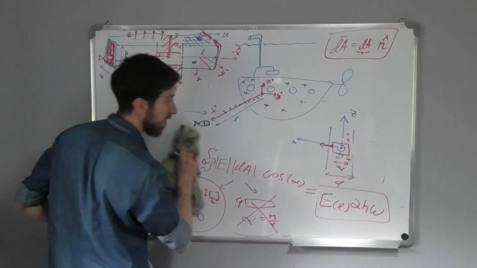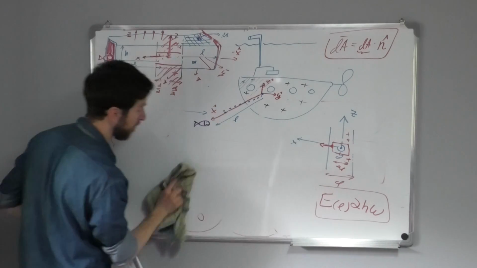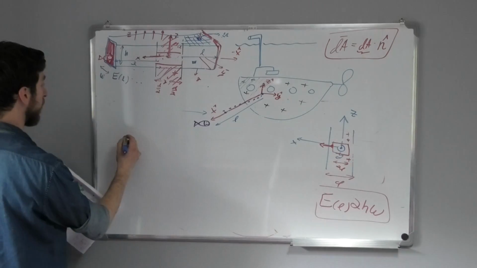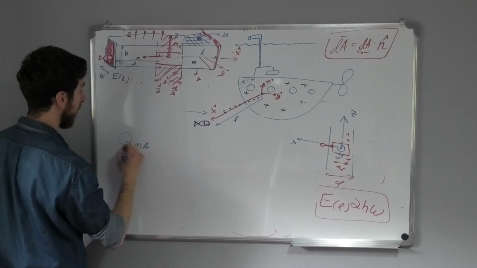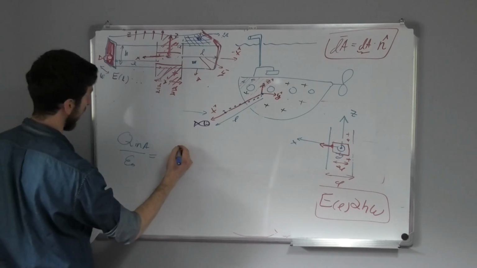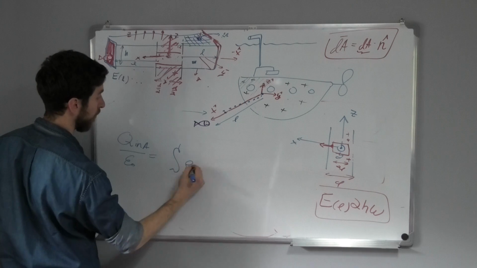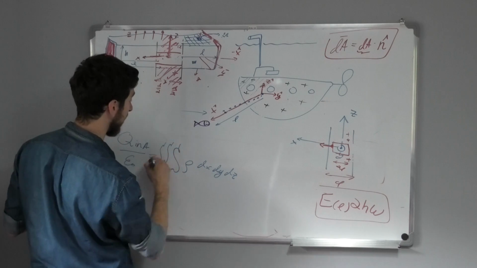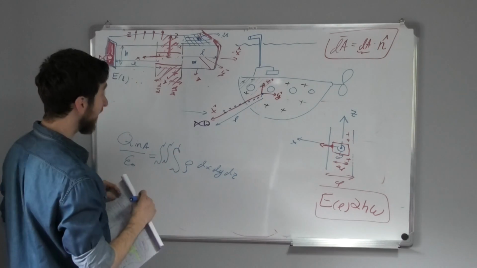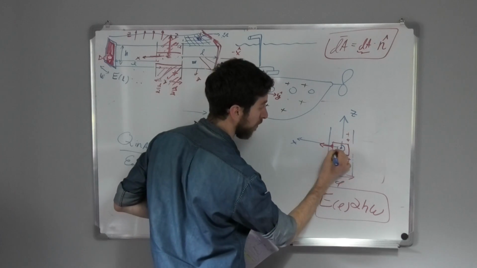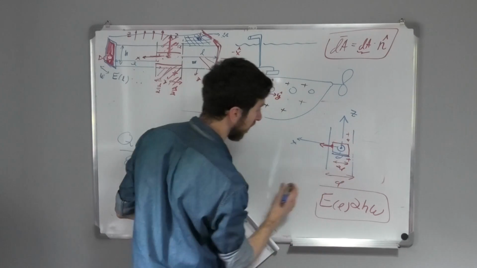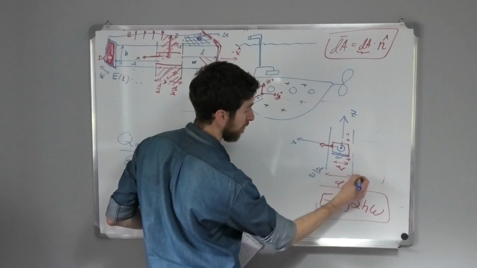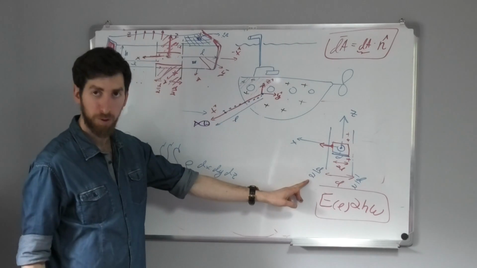Perfect. So now what we are left with is that we need to compare this magnitude to the total charge inside, and this is really going to change. So Q in A over epsilon 0 is equal again to the integral of rho dx dy dz. This is the same calculation as before, but this time I want you to look at the x coordinate. Remember that last time we went from minus d over 2 to d over 2, right?